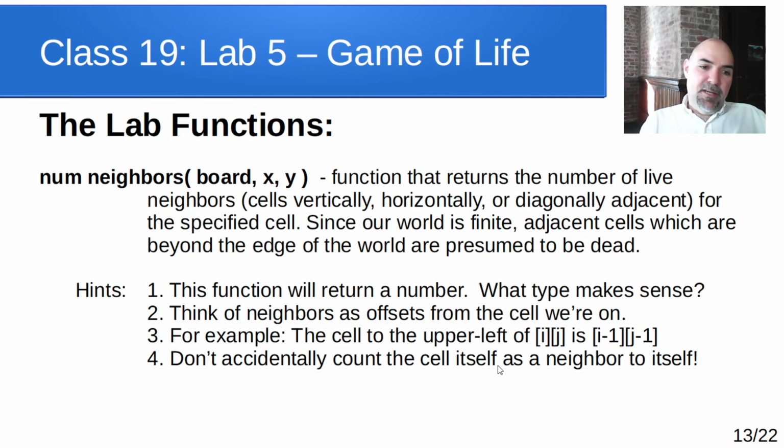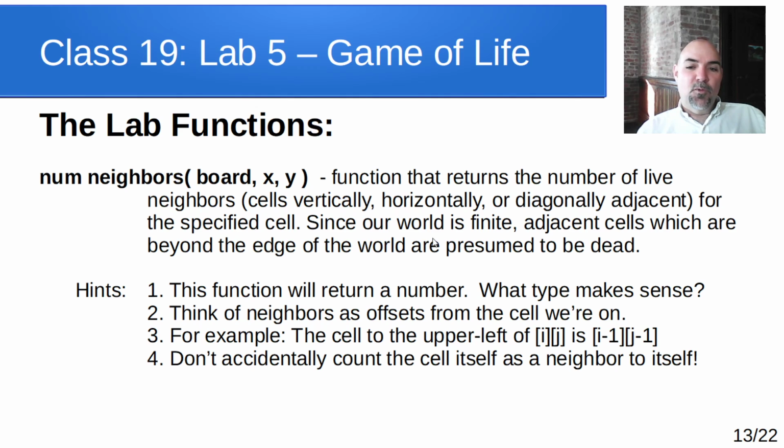Okay, the num neighbors function, when you call that, you're going to pass in a pointer to the board, and you're going to pass in an X and a Y, or you can think of this as a column and a row, however you want to think about it, but X and Y. And what that function is going to do, it's going to return the number of live neighbors around this cell.